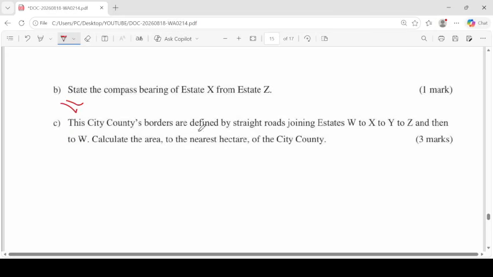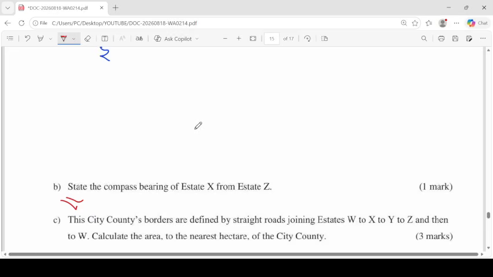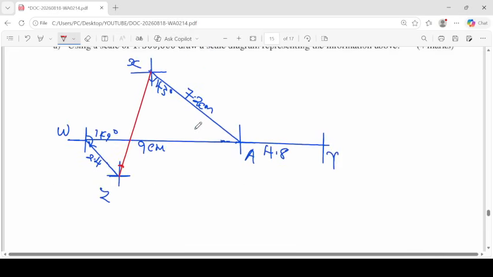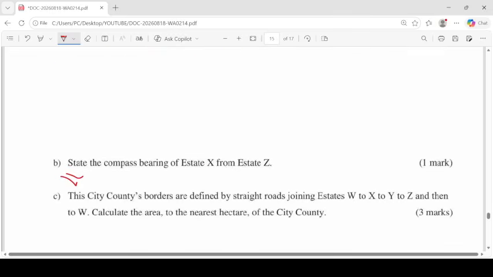These city borders are defined by straight roads joining W to X to Y to Z, then to W. Let's see. W to X, X to Y. Then after going to Y, what are they saying?